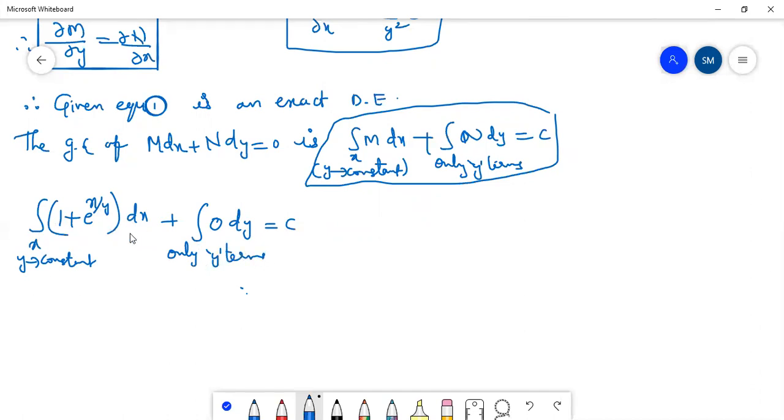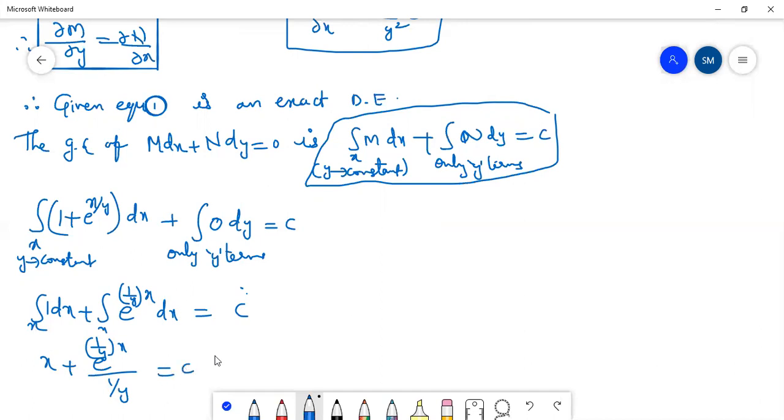And we can take separately, or directly we can take integral over x means integral 1 dx plus integral of e power y treating as a constant, that is e power 1 by y into x dx equal to c. Integral of 1 dx is x plus e power 1 by y into x by 1 by y equal to c. Why?